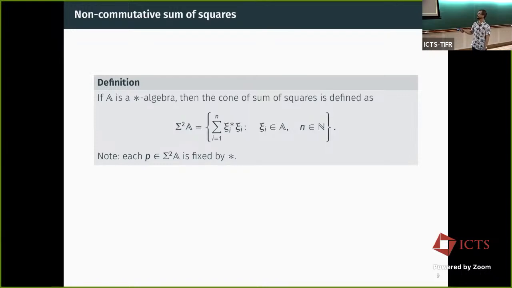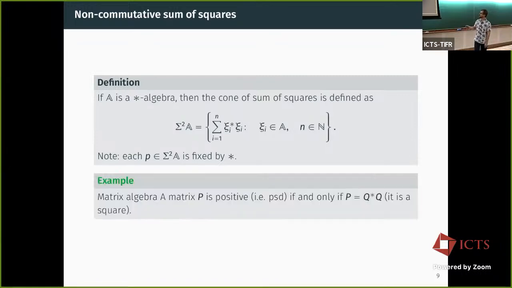And one should note that if I have an element here, then if I apply the star involution to it, it's going to stay here, right? Because the star is going to switch these two, and then star is going to cancel with itself.